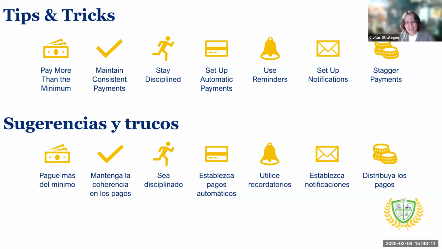And then you can also look at staggering payments across paychecks. If you get paid bi-weekly, 2 times a month, you can plan very smartly when that money should come out. A lot of creditors will allow you to adjust the due date of your payment.